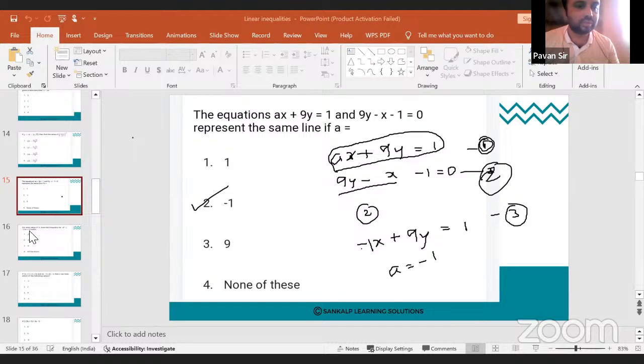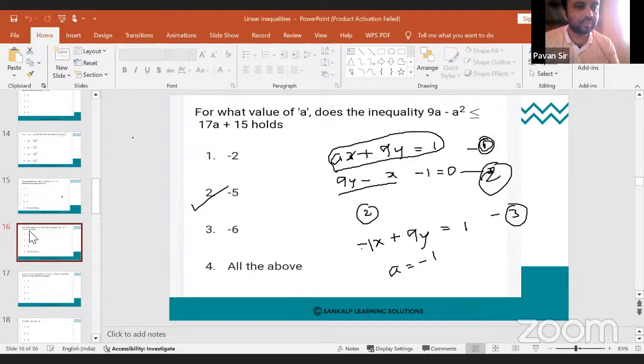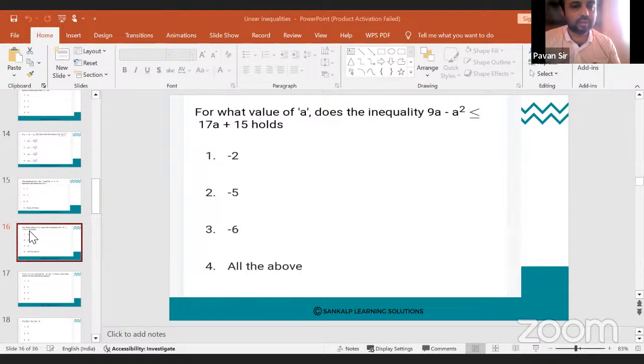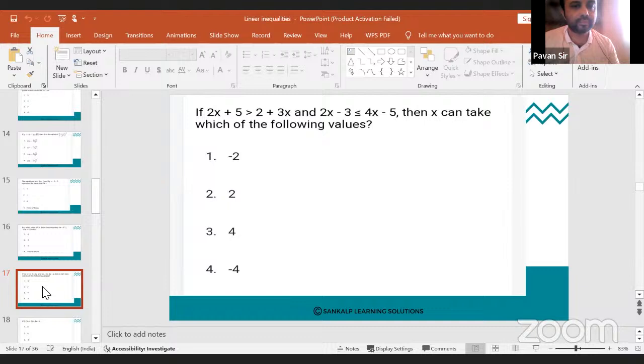Next question. Okay, so this is the next question. 2x plus 5 is greater than 2x plus 3 and 2x minus 3 is less than or equal to 4x minus 5, then x can take which of the following values?